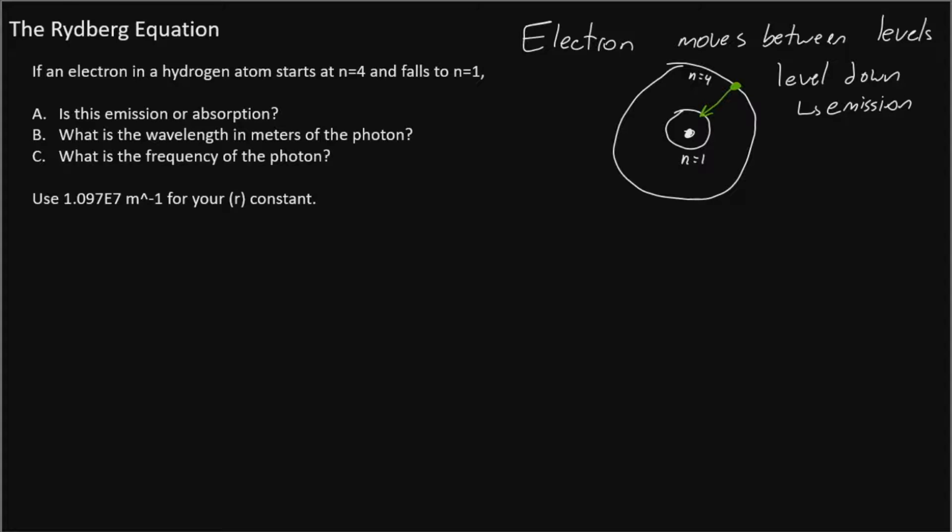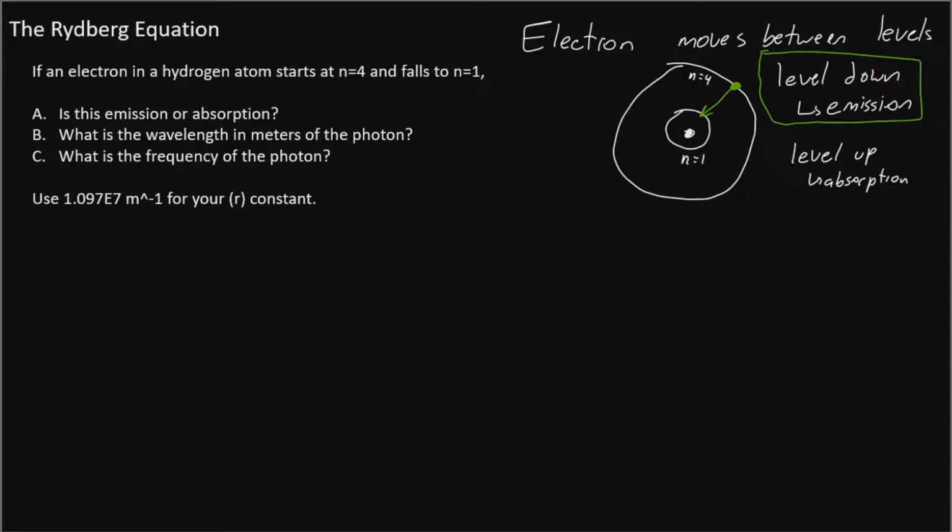In order to go up any amount of levels, we have to take energy in. This is called an absorption. Now, since we started from a high level and went down to a low level, this tells us our level went down, and what we've done is an emission.